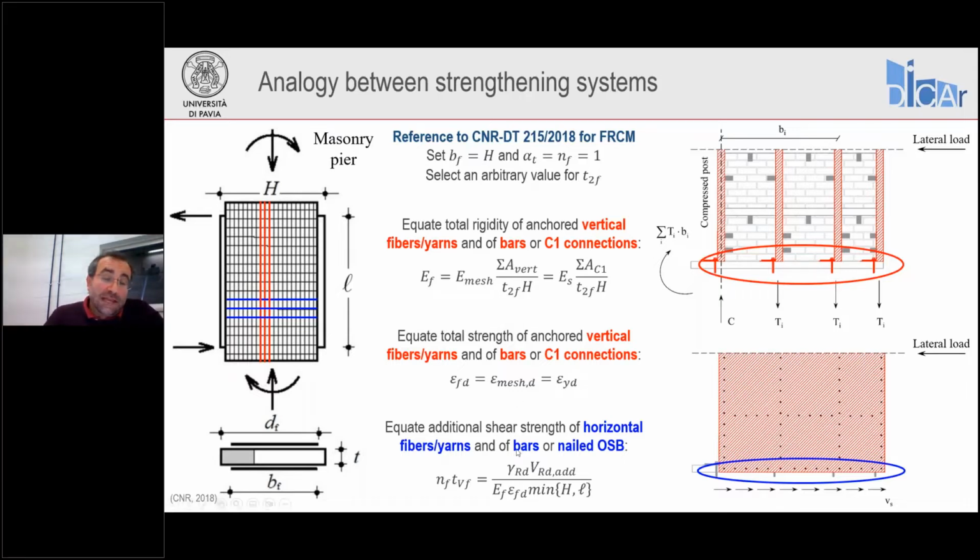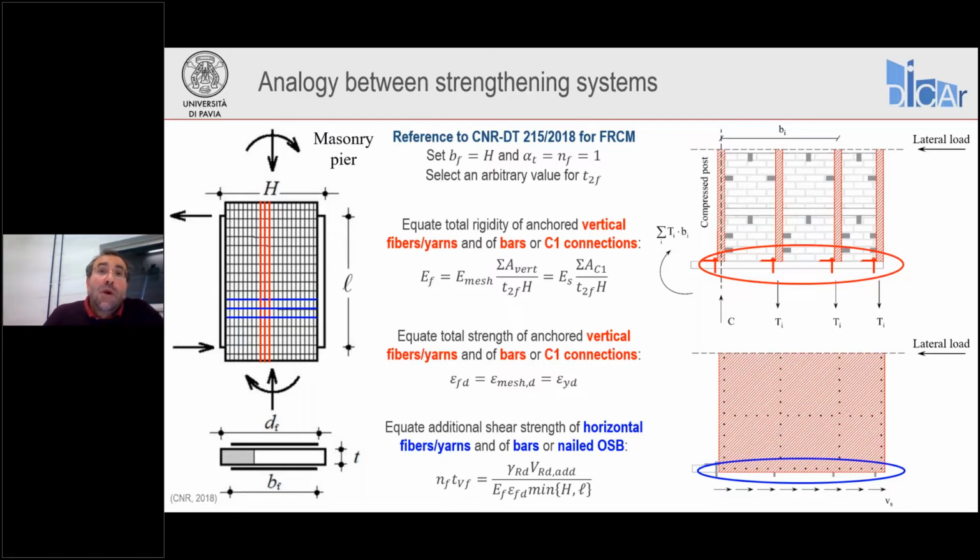Now, moving to the shear strength, all these three solutions are basically adding a shear strength contribution to the original shear strength of the URM pier.